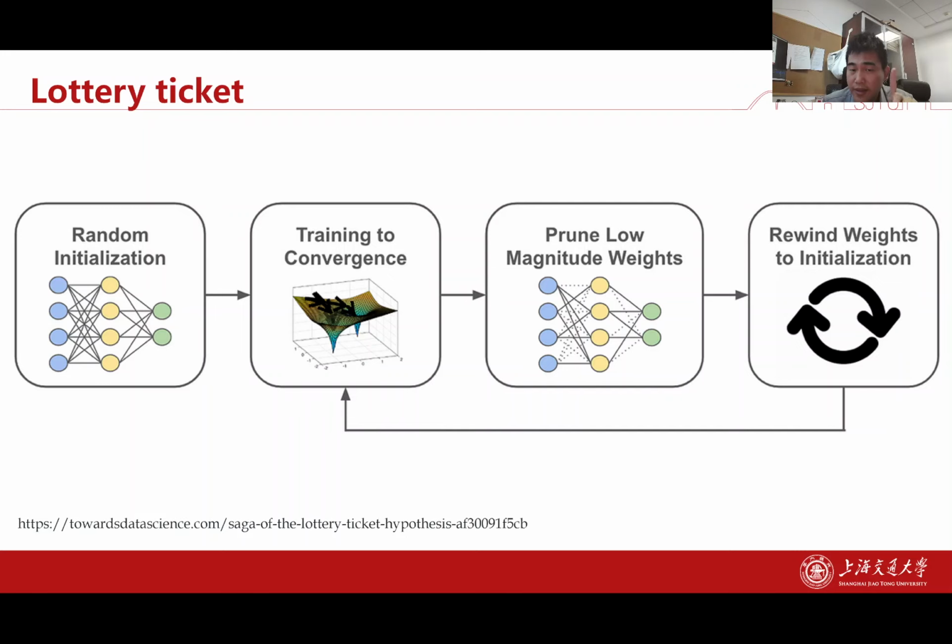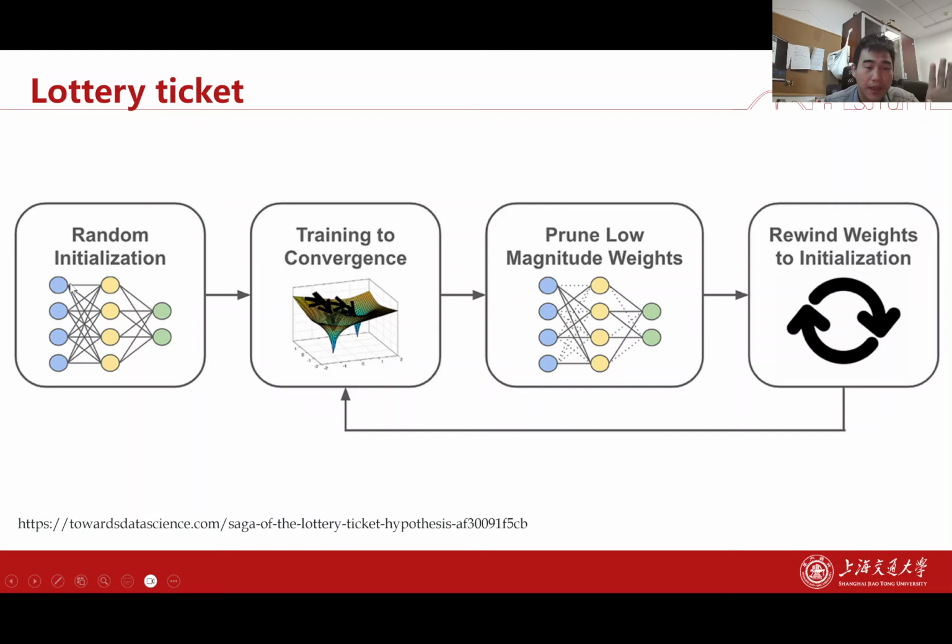But the interesting thing is as follows. Once we mark the parameters that will be pruned, we mark the index, and we go back to the initial stage. After initialization, we don't change the initialization anymore. Their values are fixed after the initialization. And we know some parameters will be useless after training. So in this sense, we just do not train them from the very beginning.